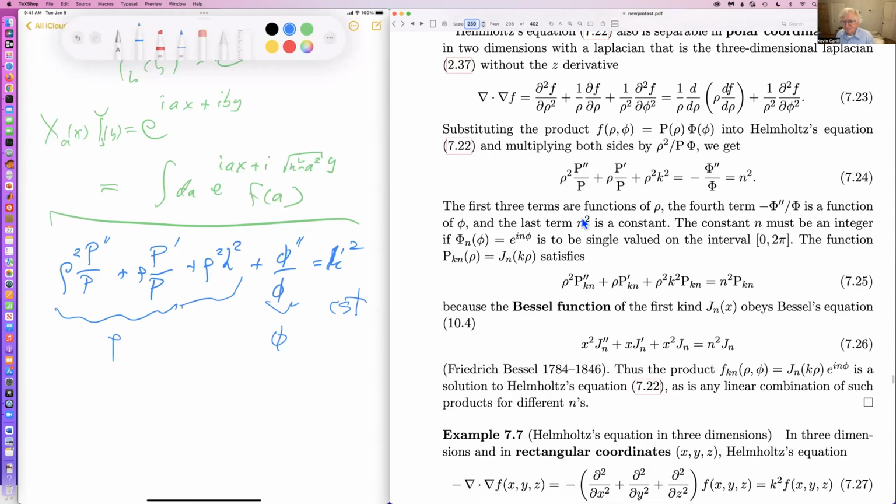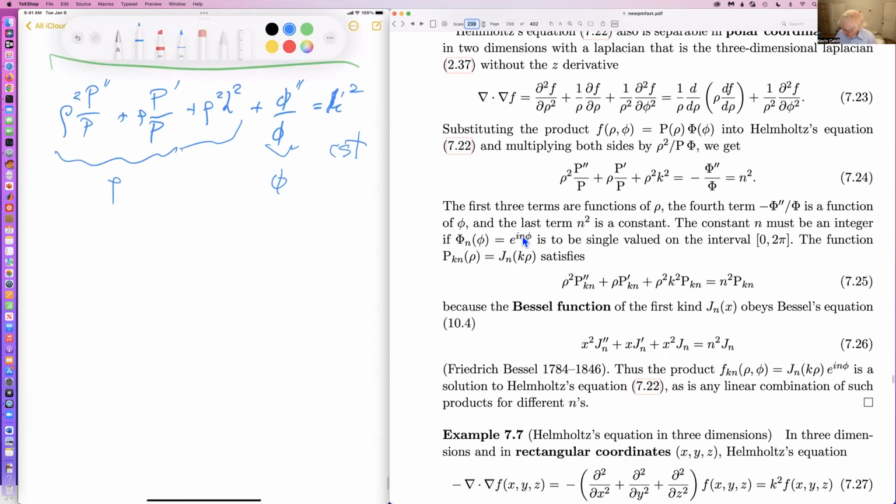Anyway, the question then is, what is n? Phi n is e to the in phi. That's an obvious solution to this equation, equal to n squared. What is n? Well, usually as we go around phi from 0 to 2 pi, we want to get back to the same number.